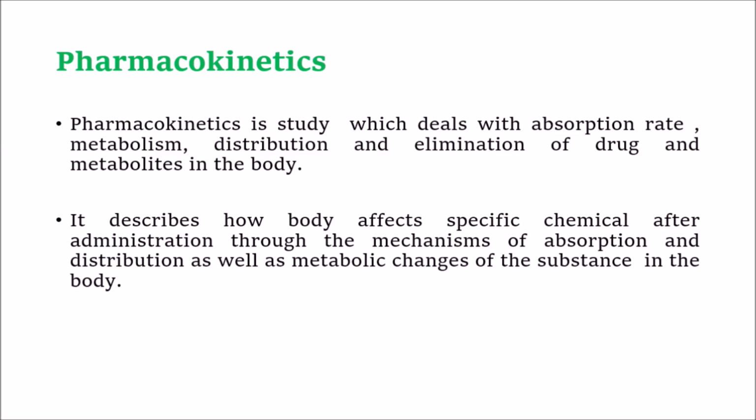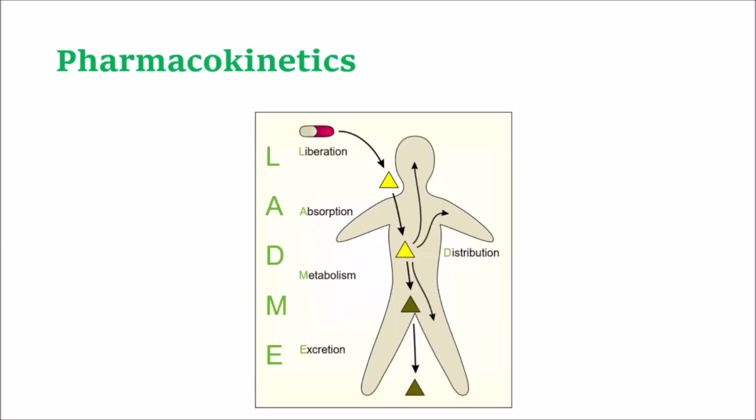Initially, whenever we are taking any medicine, it will go to some place where absorption will happen, then distribution will happen. So liberation means you are taking it, then absorption, then distribution to the various parts of the body, then metabolism, and then finally excretion. This is pharmacokinetics.